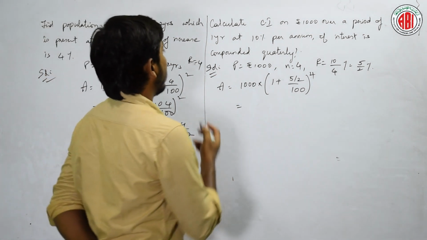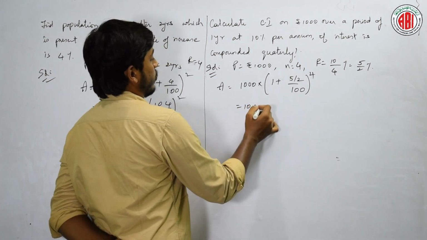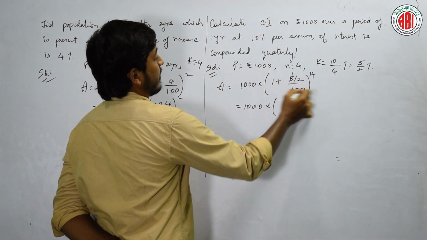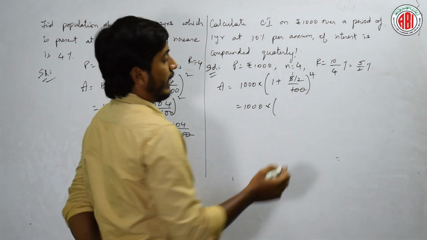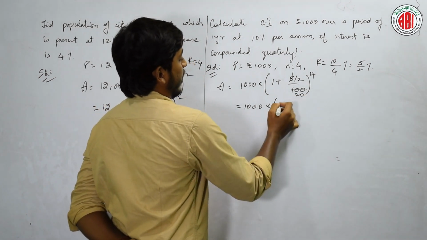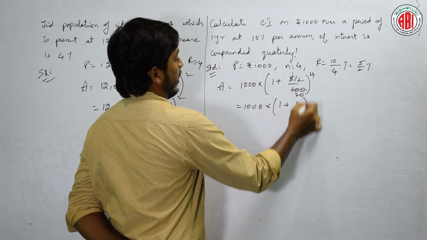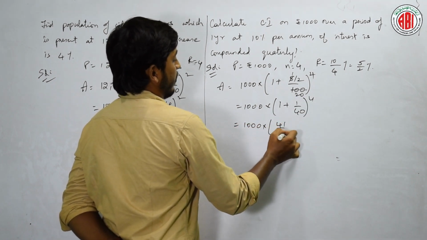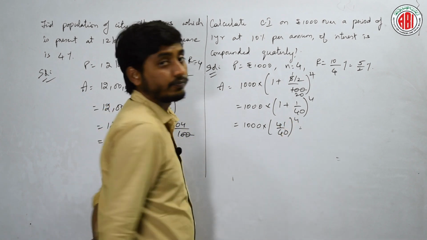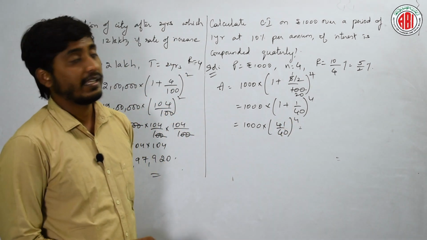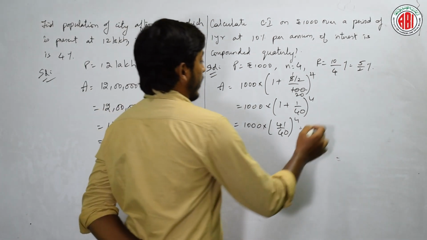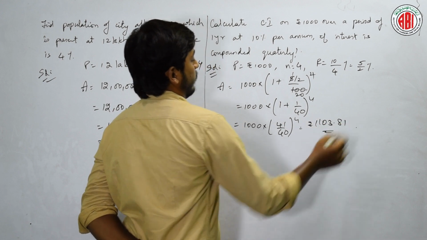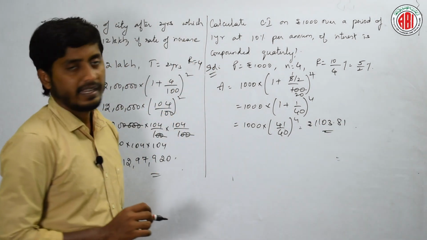This will be the amount, that is 1000 into, how much is it, tell me? 5 ones are 5, 20s are 40. 1 plus 1 by 40 whole power 4, that is 1000 into 41 by 40 whole power 4. Clear? How much do you get? That is 1103.81. Clear? You can simplify and solve.